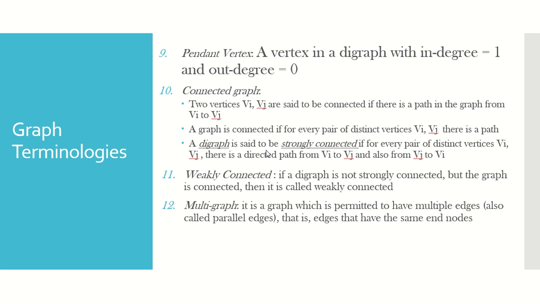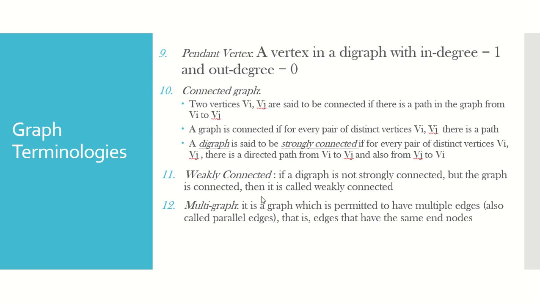When you talk about a digraph, there are two properties: strongly connected and weakly connected. It is not available in the case of an undirected graph.